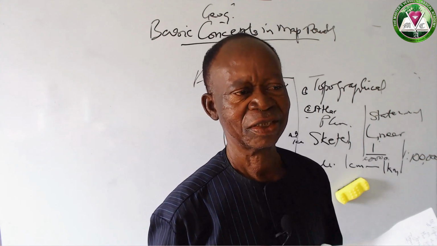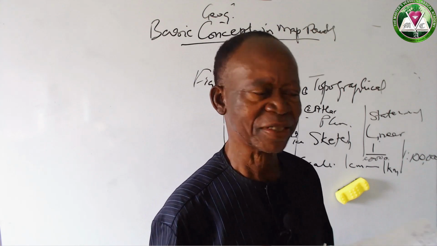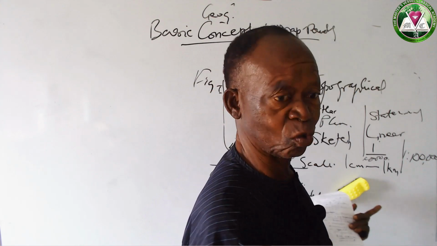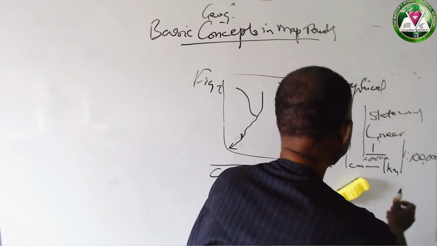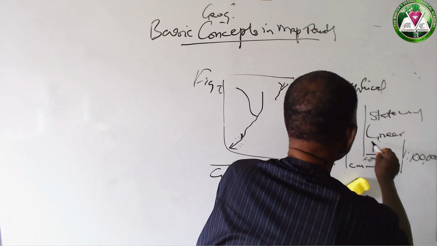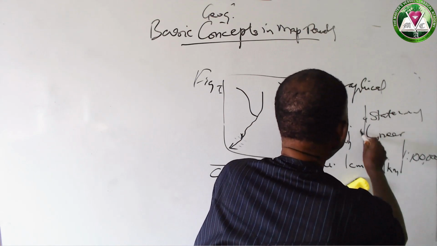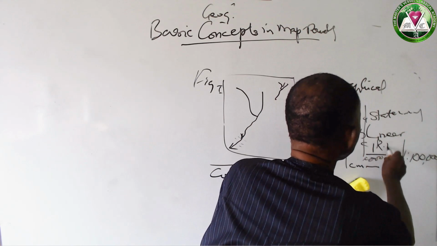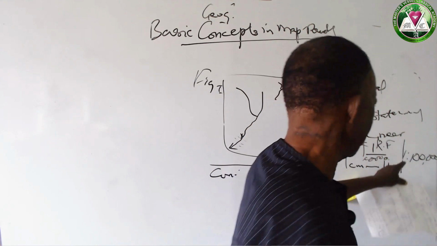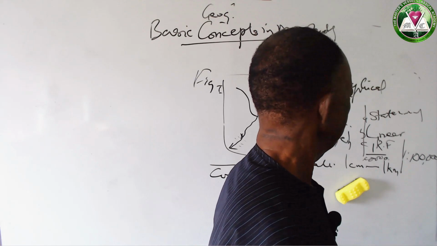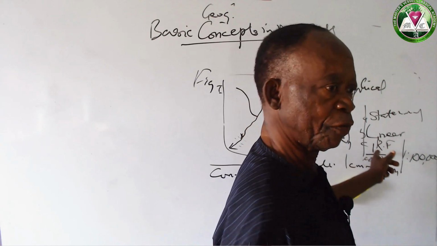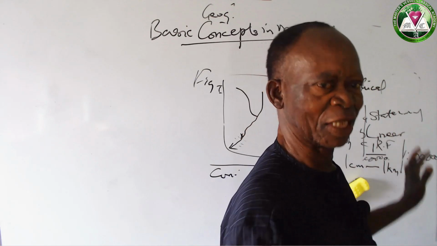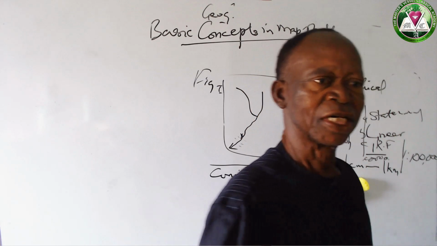Why use this type of representative fraction? This is what they call RF. So, A, B, C. RF is written like this. There will be a separate study on scale.